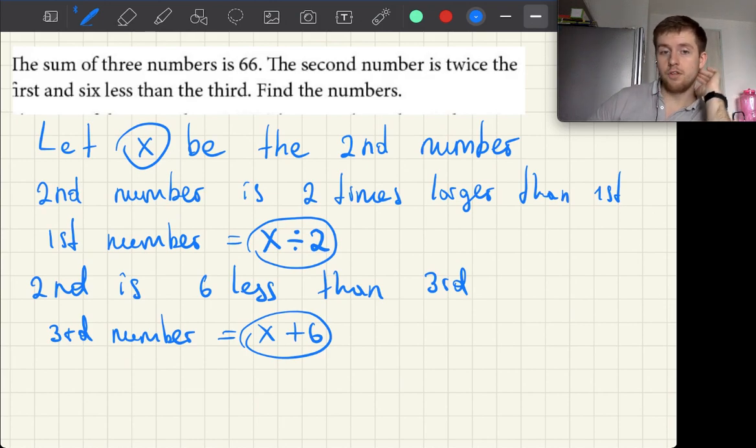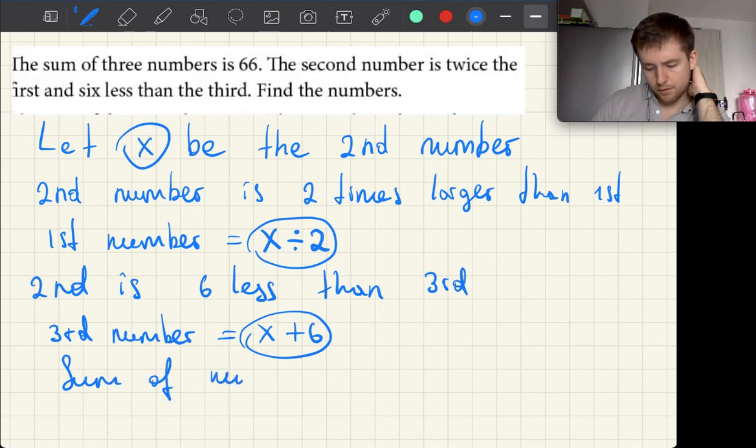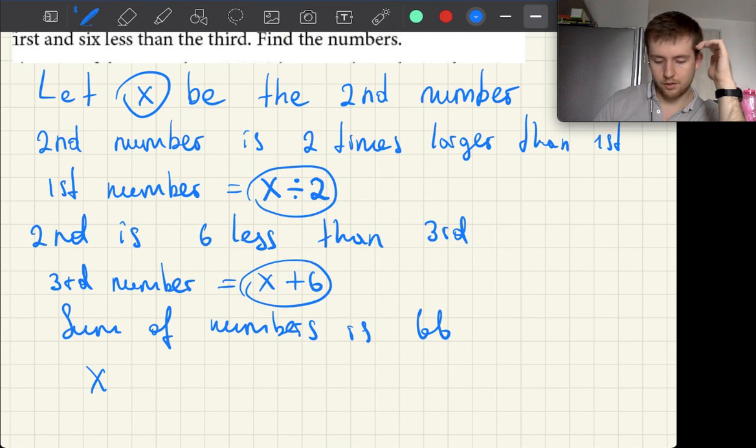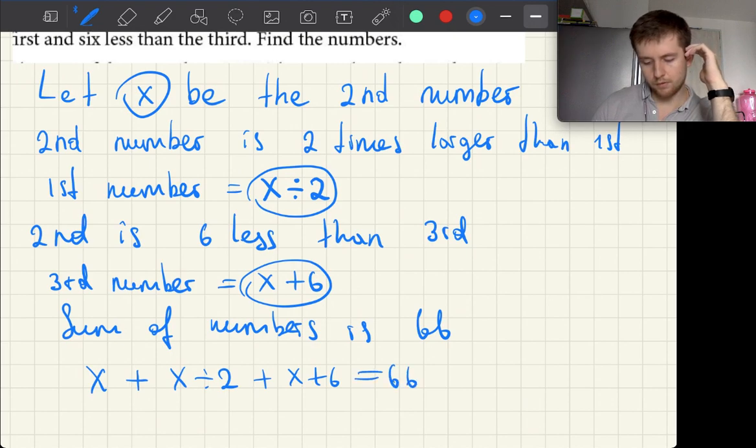And we know the sum of the numbers is 66. So all these three numbers: x plus x divided by 2 plus x plus 6 is equal to 66.